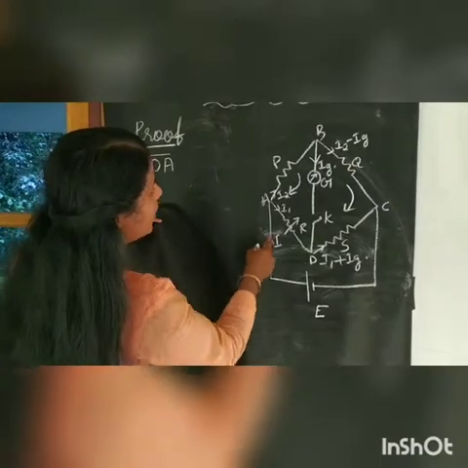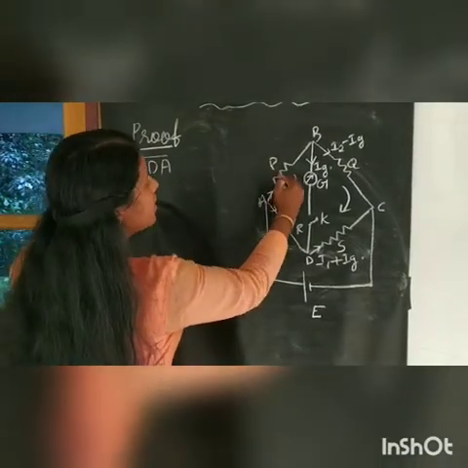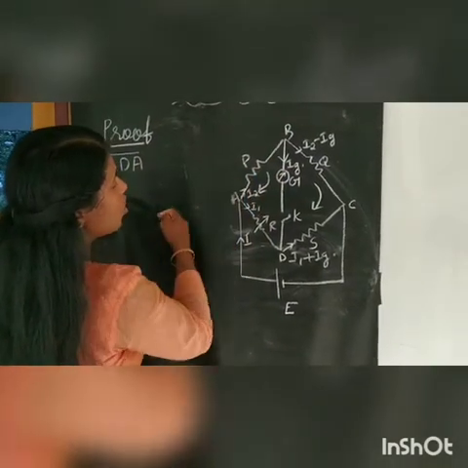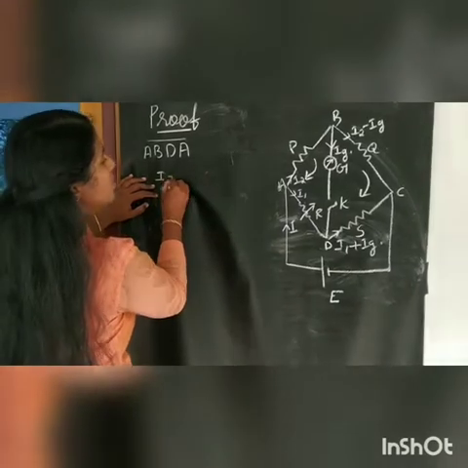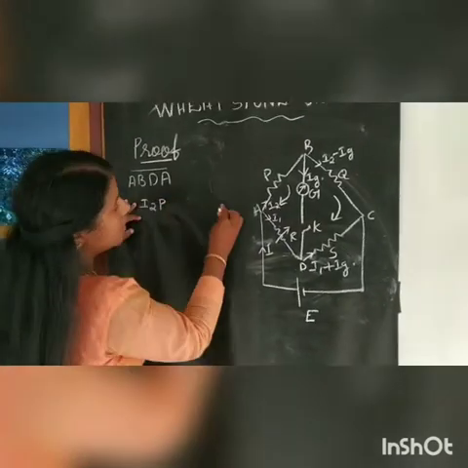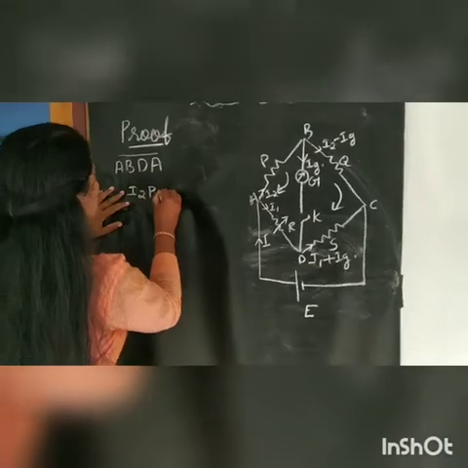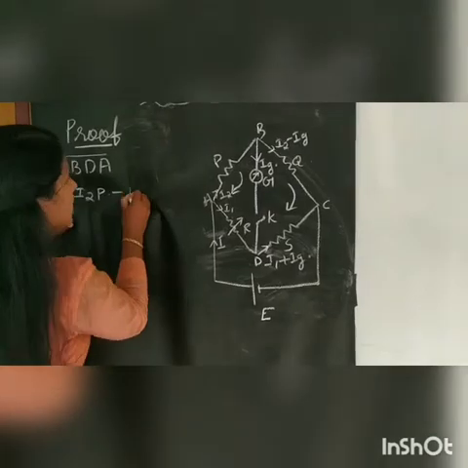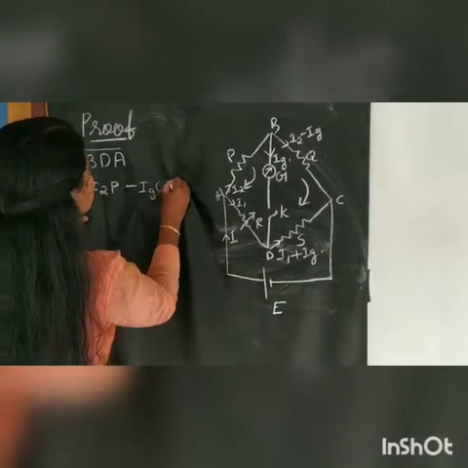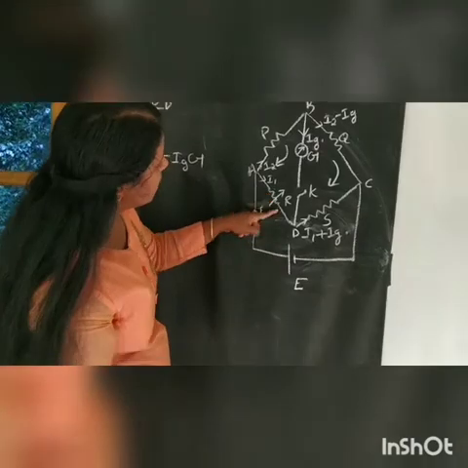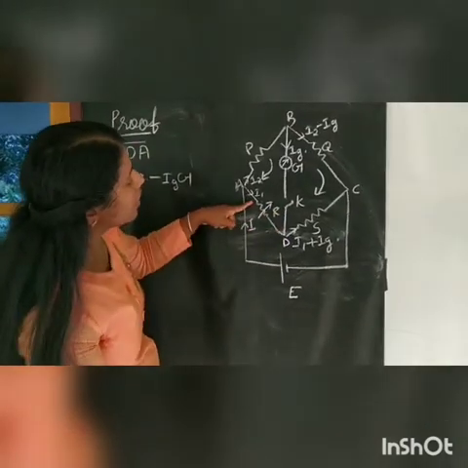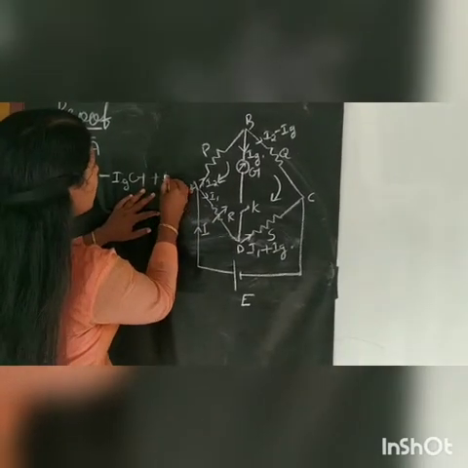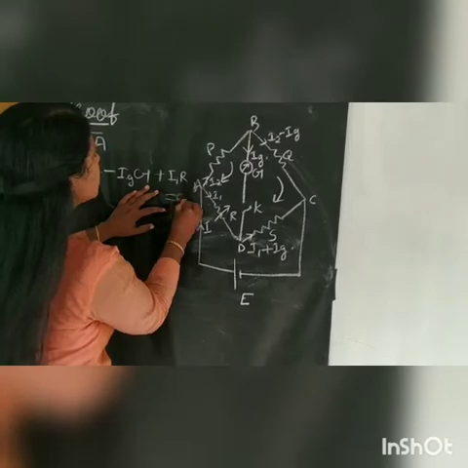Here the resistor is traversed in the direction of current, giving minus I2 P. The next term is minus IG G. Then for the opposite direction, we take plus I1 R. So minus I2 P minus IG G plus I1 R is equal to 0, the first loop.